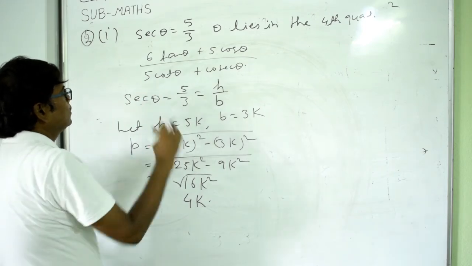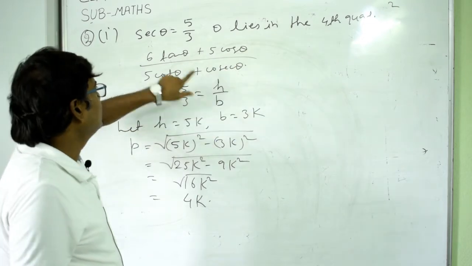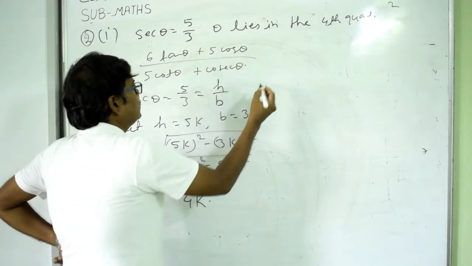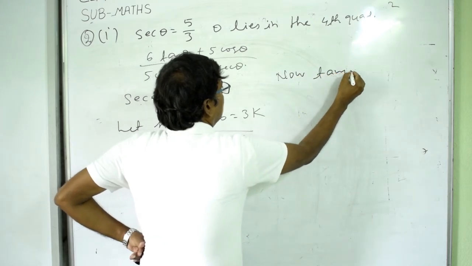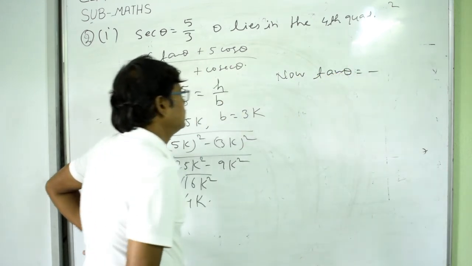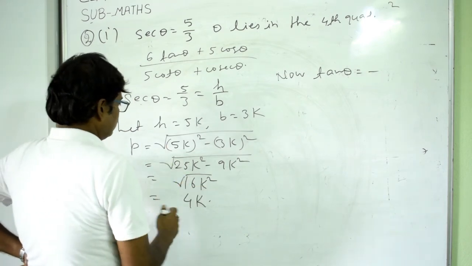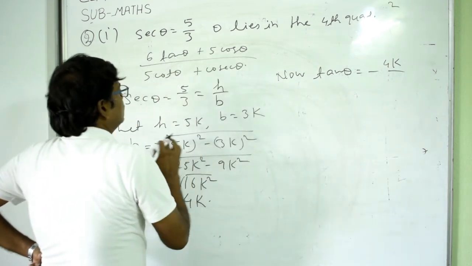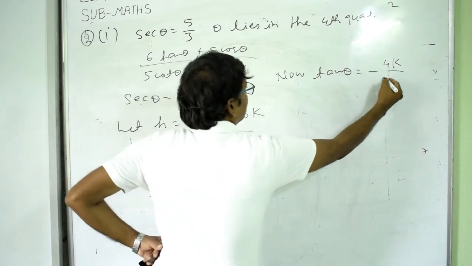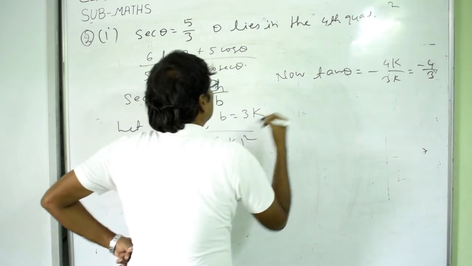Because theta lies in the fourth quadrant, that is why this will be negative. Now tan theta equals perpendicular by base. So you have 4k and the base is 3k, so you have minus 4 by 3 for tan theta.